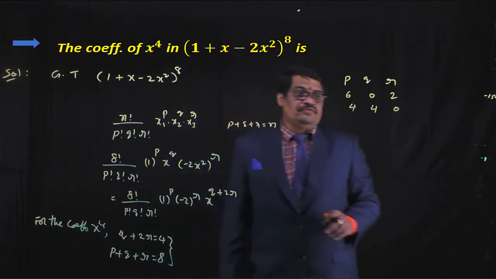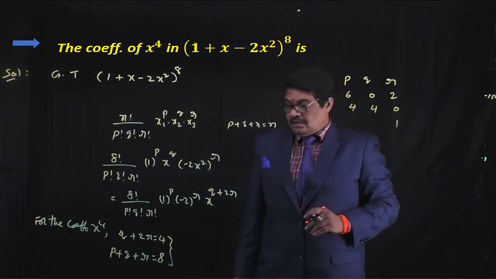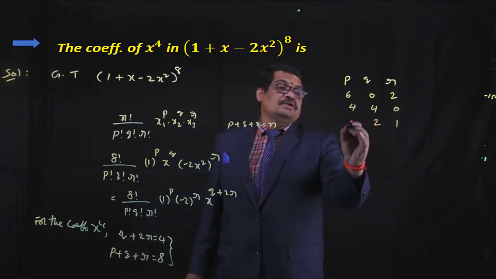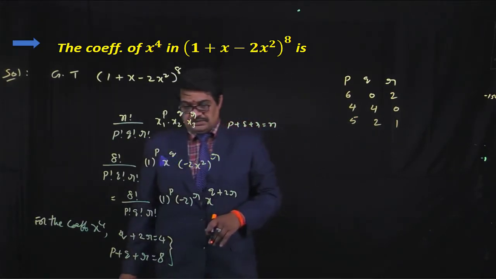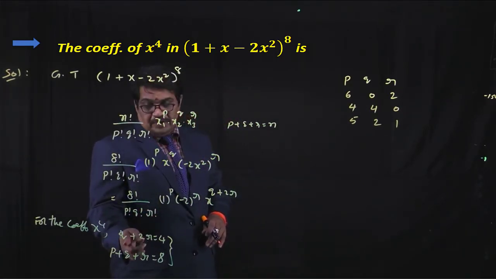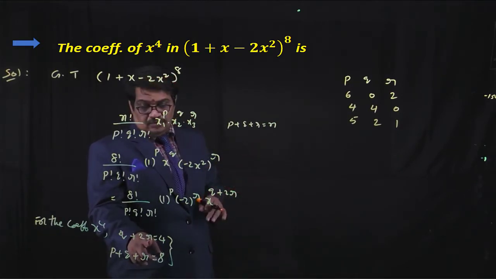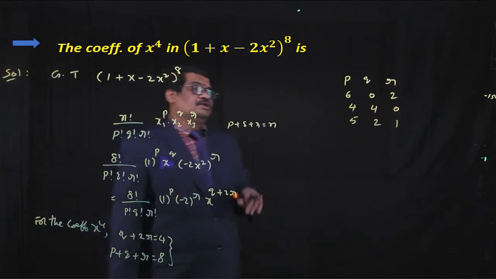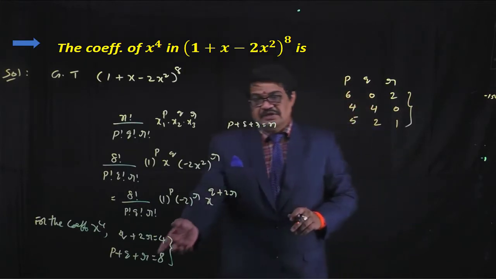And if we take r equal to 1, that is 2, then q is 2, and p is 5, so 5, 2, 1. These are the chances. There are no chances for the remaining terms. So p, q, r can be 6, 0, 2; 4, 4, 0; and 5, 2, 1. These are the only possibilities satisfying both conditions.